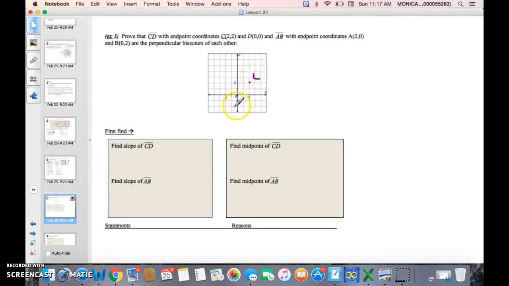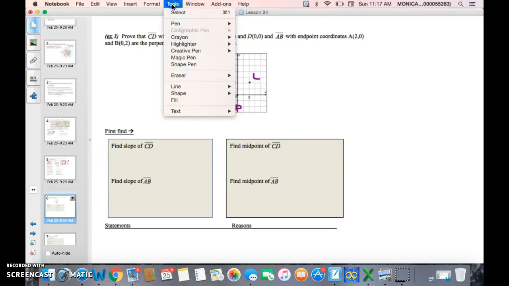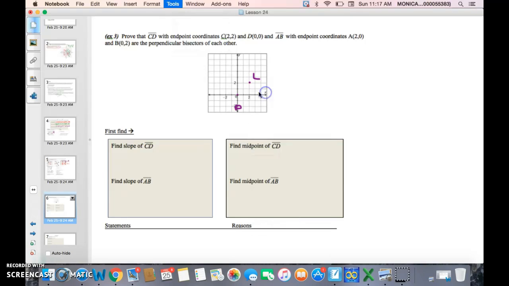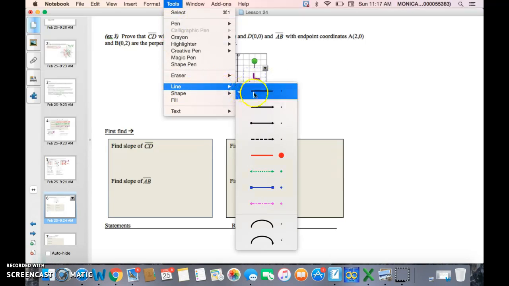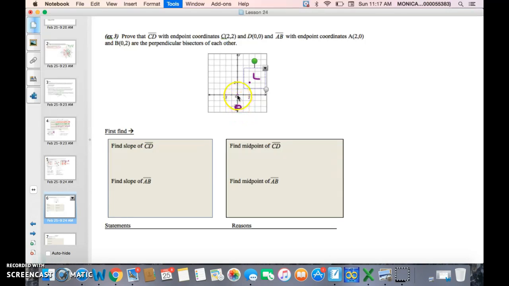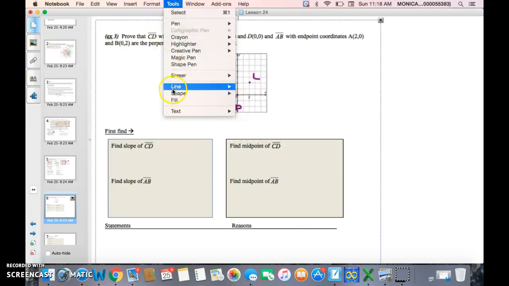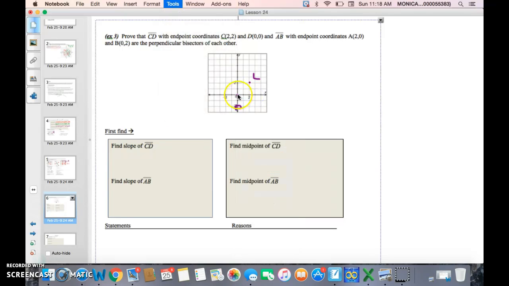So here's C and D. I'm going to go ahead and add a line. There we go. Third time's a charm.